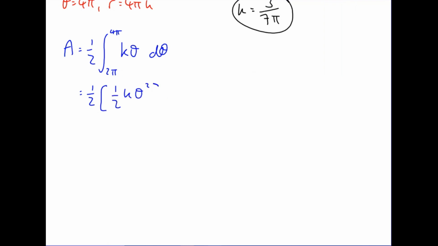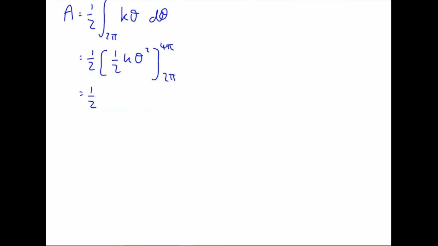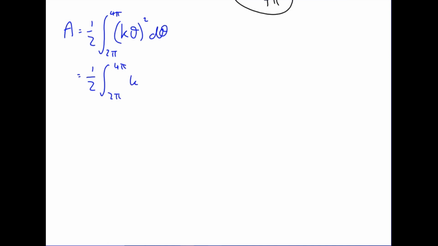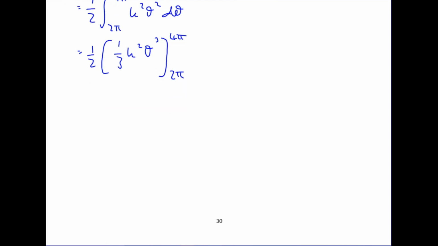So half k squared theta squared, no, I should be integrating k squared theta squared. Thank you. So actually it's a third k squared theta cubed, between 4 pi and 2 pi.